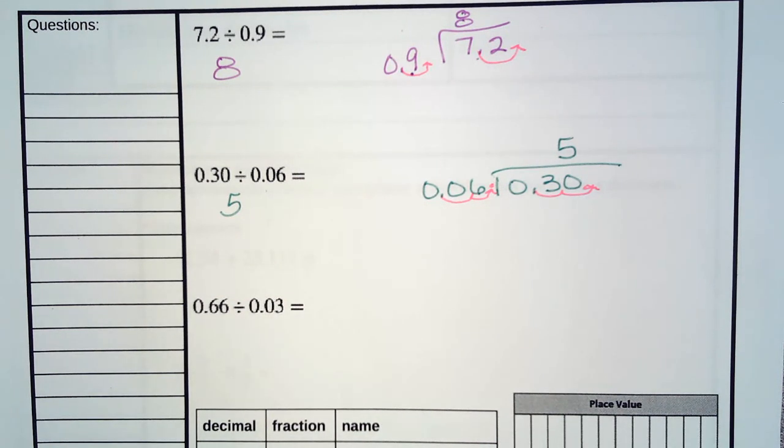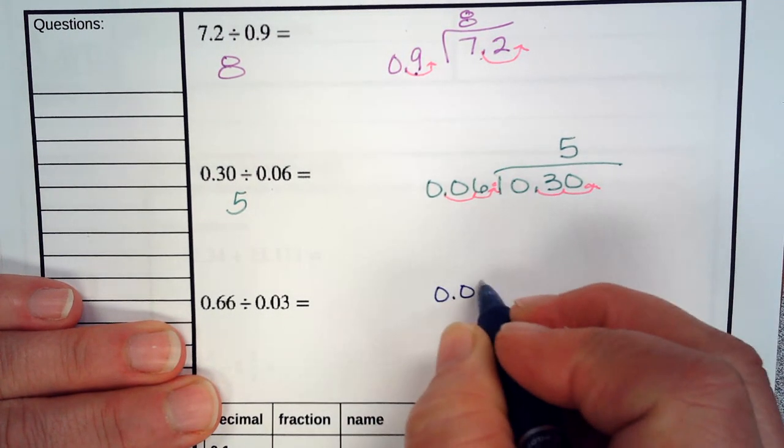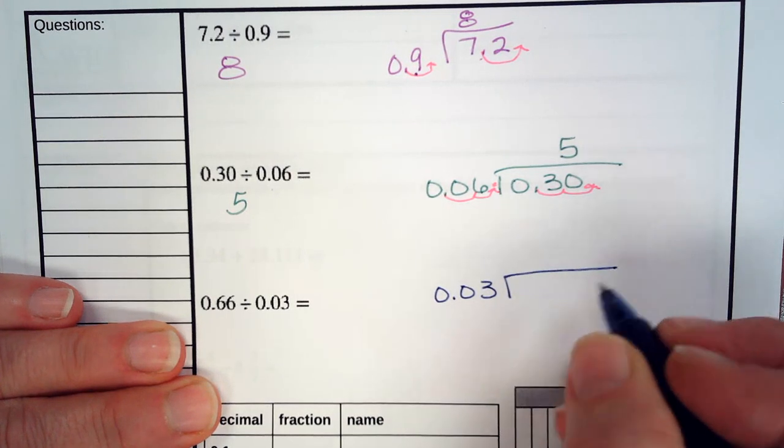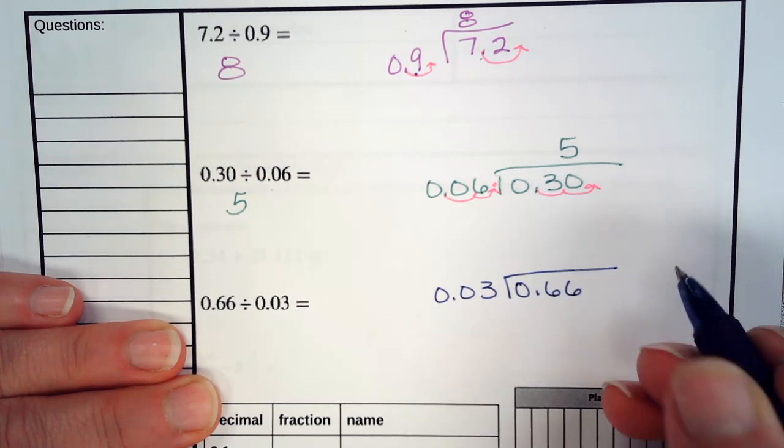Okay, try to set the next one up, please. Let's hope you tried. Let's see if you've got it set up right. 0.03. We're going to divide it into 0.66.